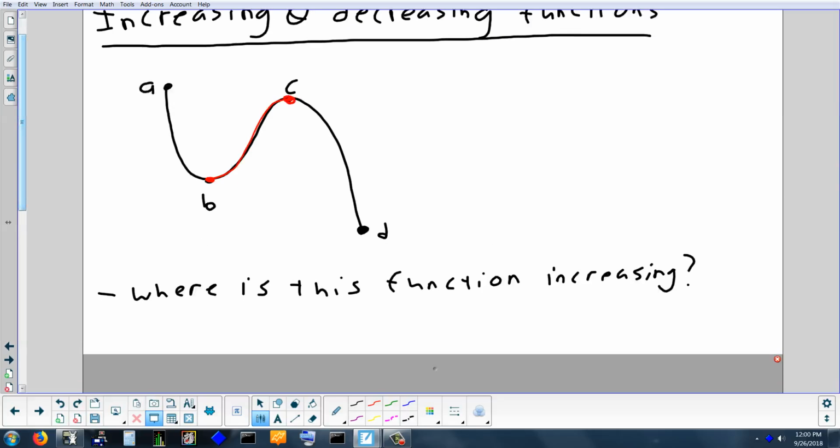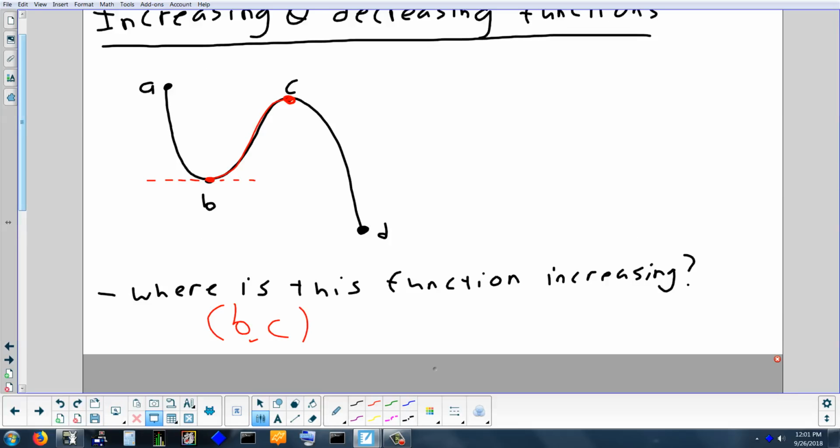Now, when you describe where something is increasing and decreasing, don't use brackets. Because when you get at B, nothing's happening. At B, think of B as flat. Right when you get to B, it's perfectly flat. We're not going up or down. So where is the function decreasing?